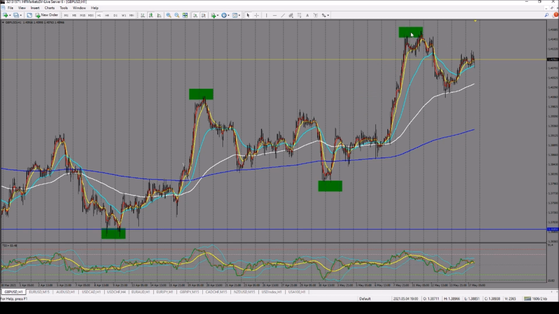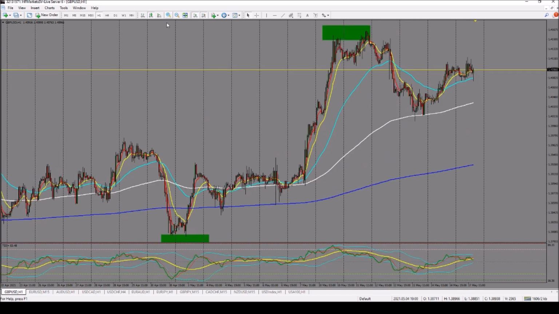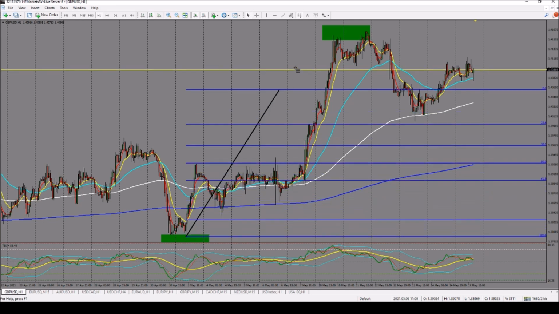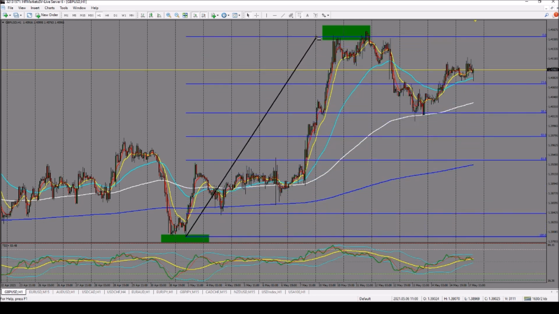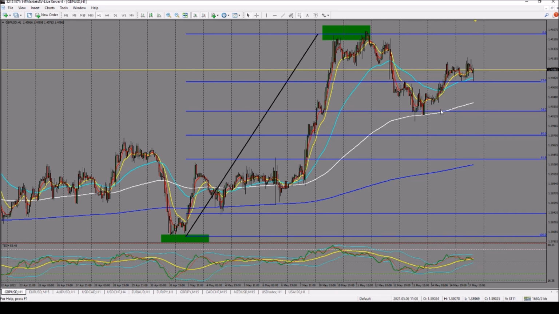After having that, we apply our Fib tool, whereby we expect the market to retrace to 38.2, and that is exactly what happened. So this was also a point where we could anticipate a reversal at 38.2. Basically this was to show you that these concepts hold.